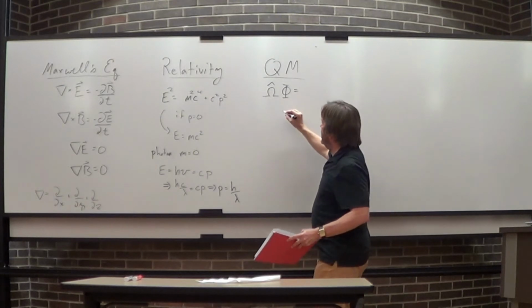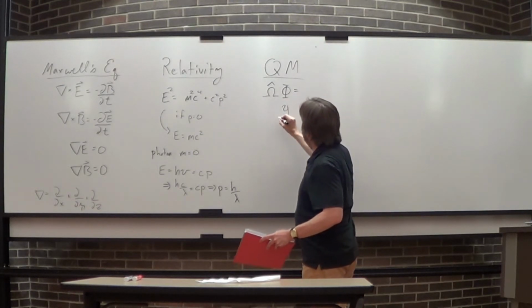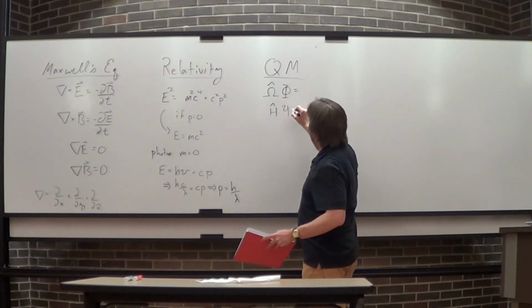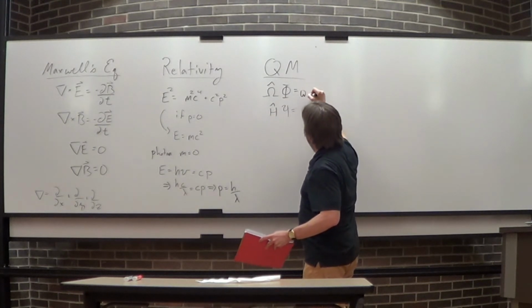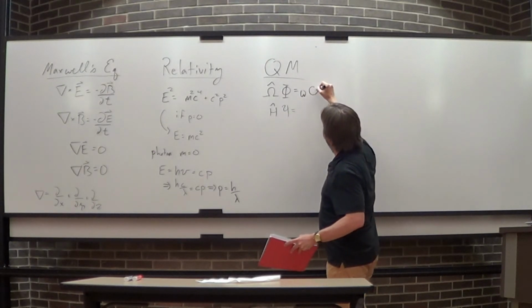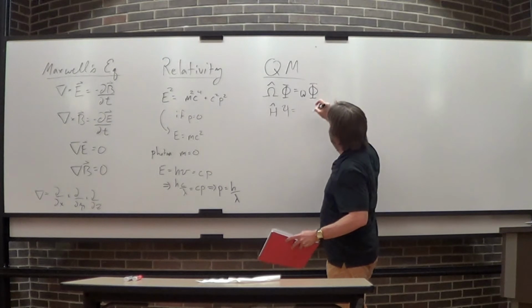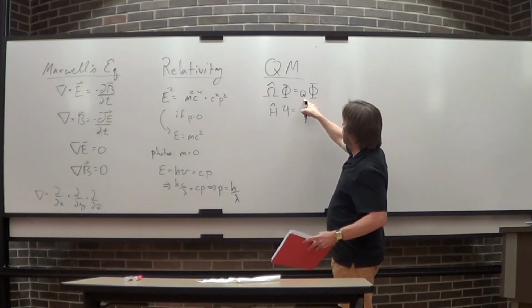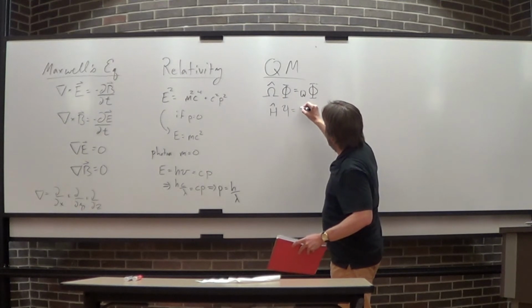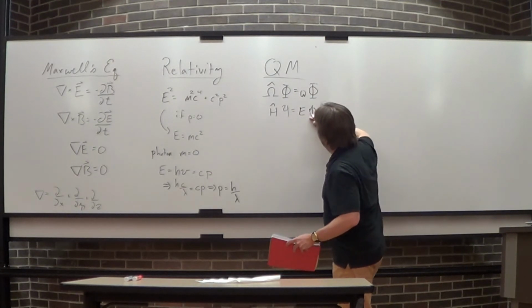I know that you usually see psi for a wave function, but I usually try to reserve psi for the Hamiltonian operator, the energy operator, which is very different and special. You always get a number, say 5, times the wave function. And for the Hamiltonian, of course, that eigenvalue, that number, is the energy.